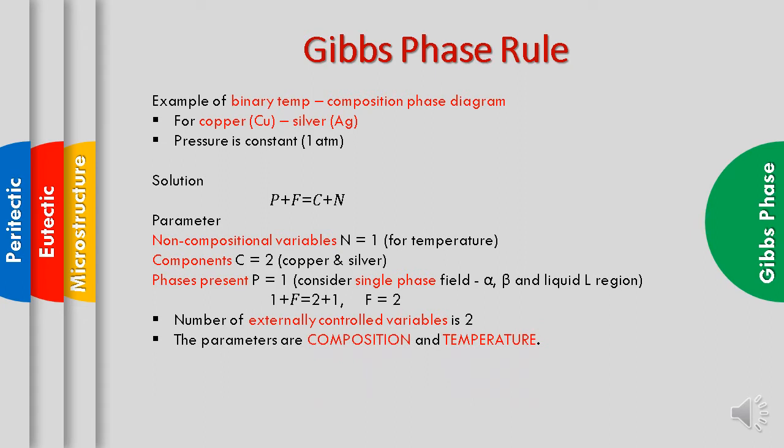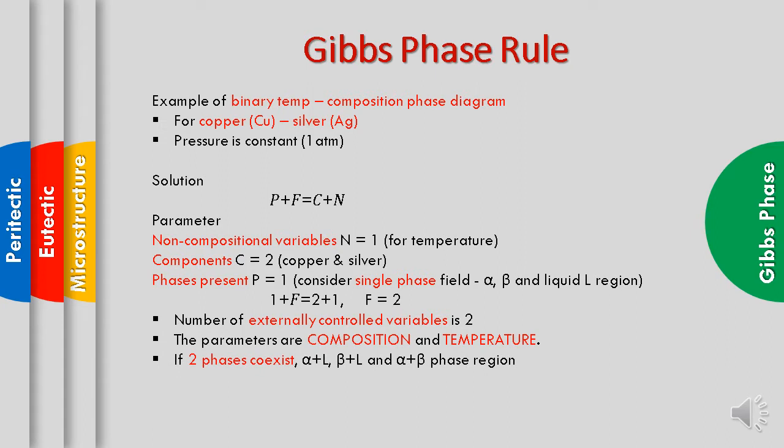Basically, in this case, if given P, C, and N, it requires us to get the value of F, or given F and not P, we will need to get the value of P. So this is a basic, simple formula that indicates the 4 parameters involved.